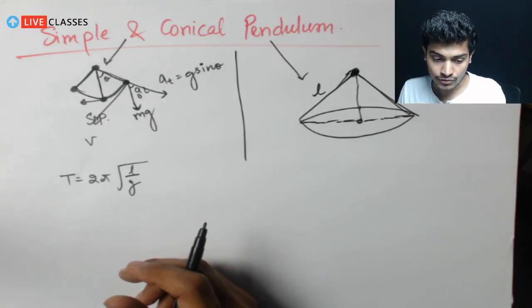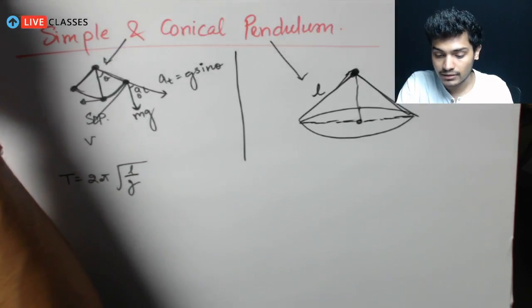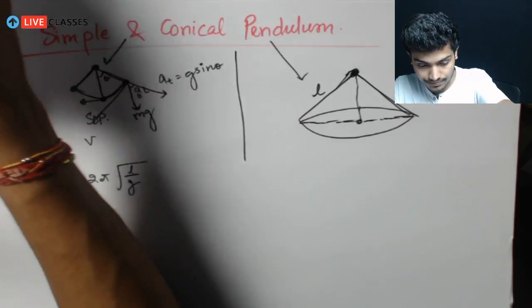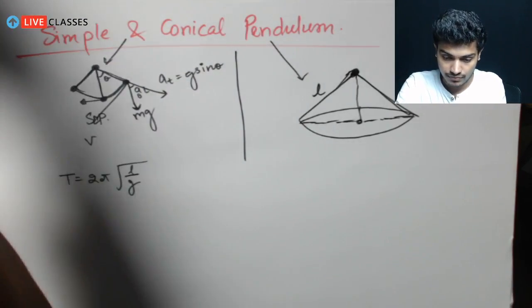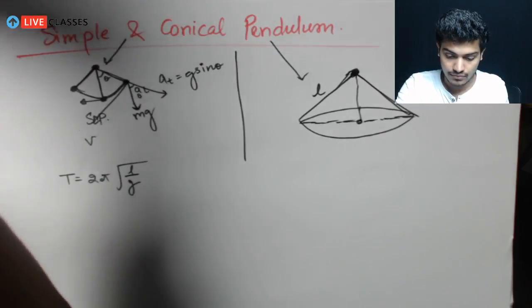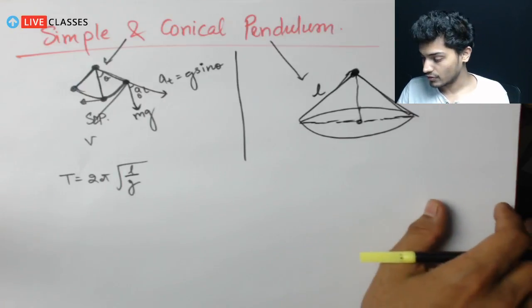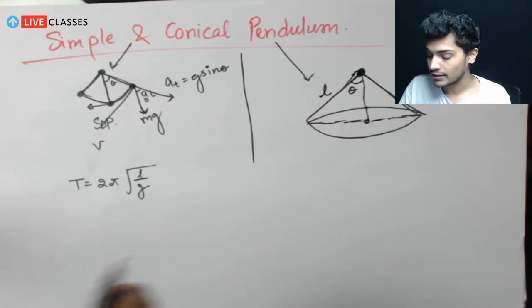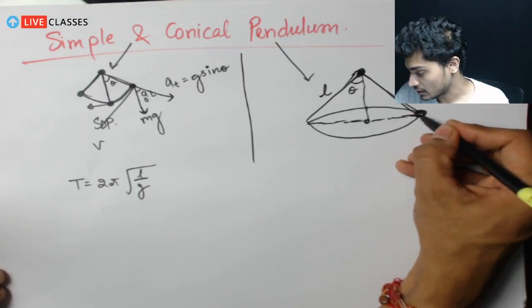Now suppose we are given the length L and this angle theta, and a particle of mass m is attached here.